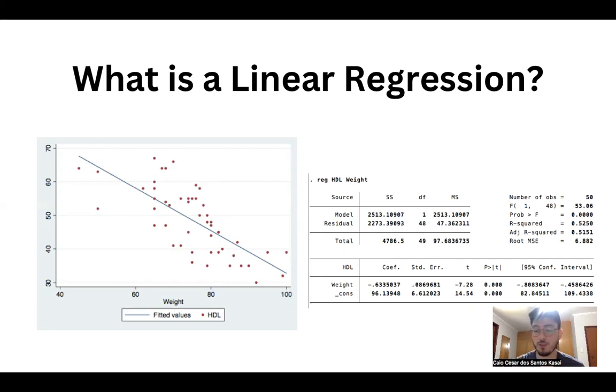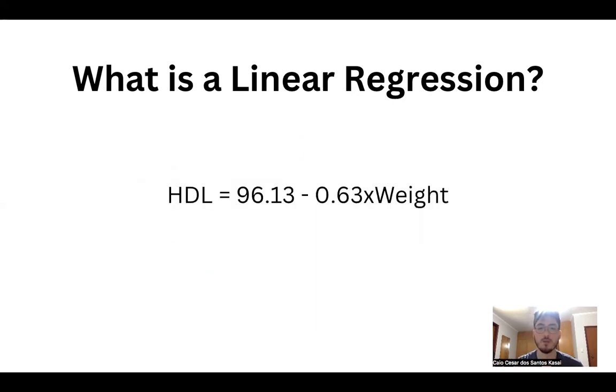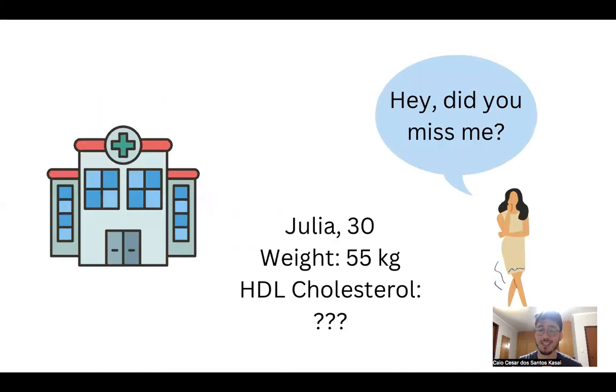And with that, you can write your equation, right? So our equation is HDL equals 96.13 minus 0.63 times weight. And with that, we can go back to our patient, Julia, to actually calculate her expected HDL cholesterol level, right?